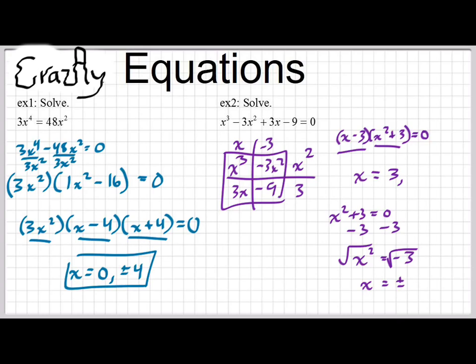We would write it as plus or minus square root of 3, and then you put an i right there. Depending on the problem, it might say list all possible solutions. If it does, then you have to list the imaginary ones. If it just says list only the real solutions, then the answer is only 3, because this one is not real. It is fake.